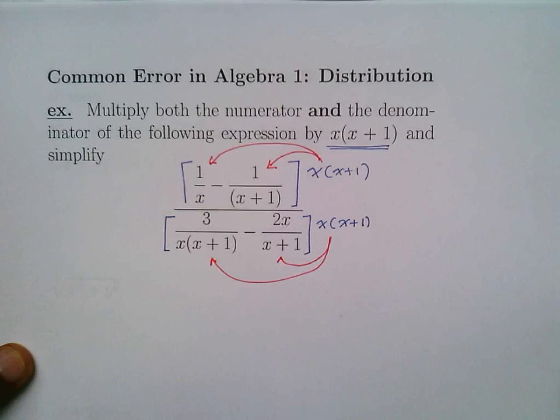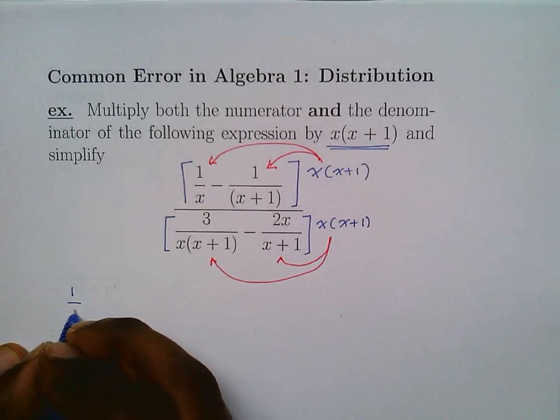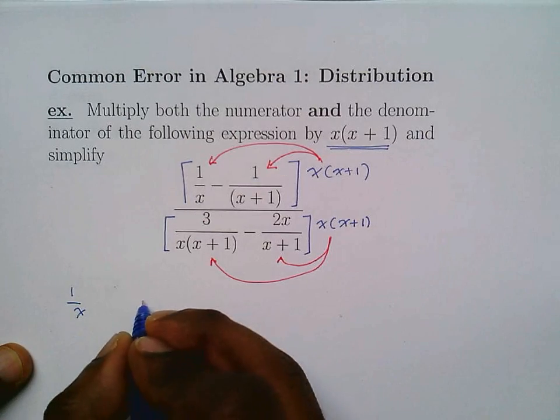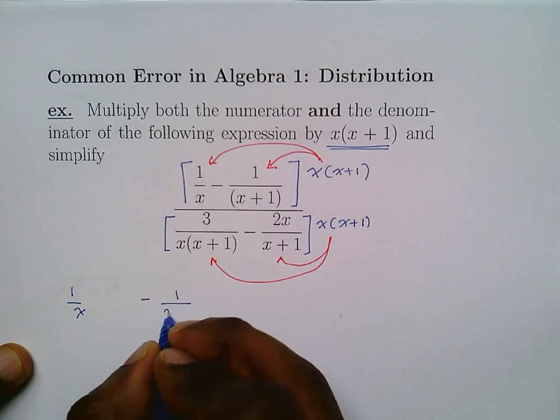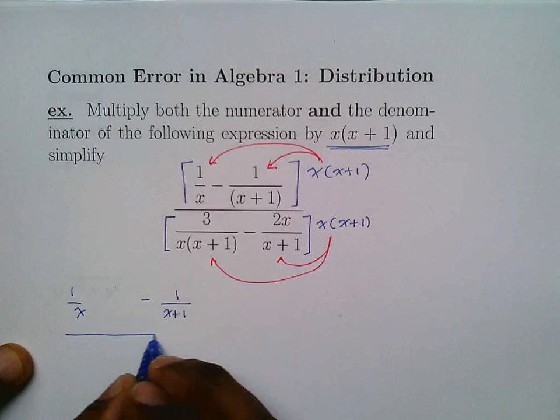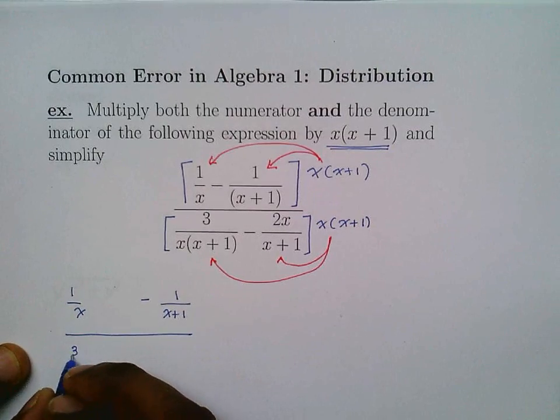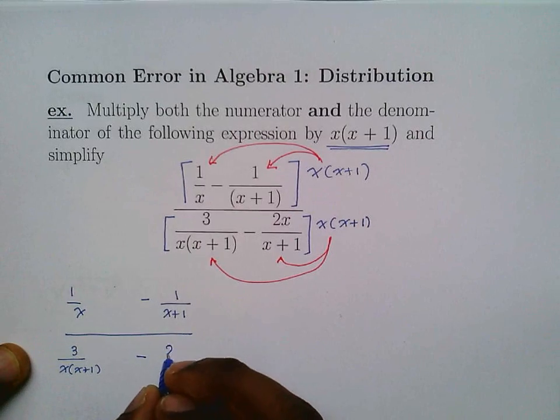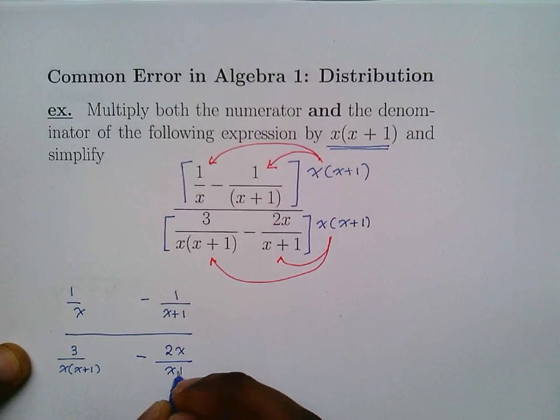Okay, so let me write down what was there first. 1 over x was there, and then you had minus 1 over x plus 1, divided by 3 over x plus 1 minus 2x over x plus 1.